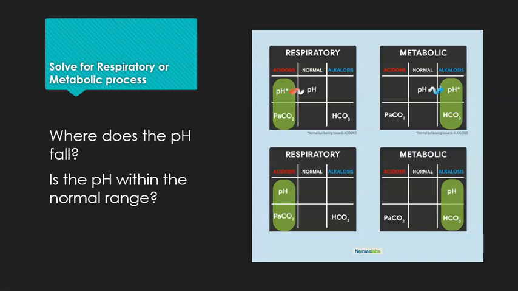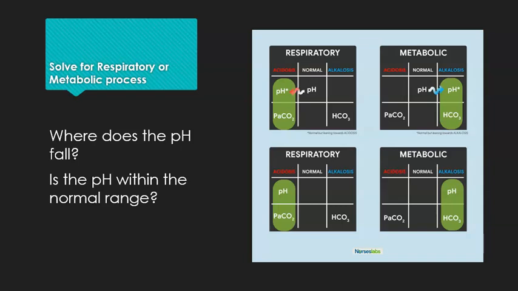For the metabolic grid, the top grid, you have your pH level that is in a normal range but is leaning toward that alkalotic state. So it is the alkalosis process, and then your bicarb falls in that same column, giving this a metabolic alkalosis interpretation. Again, you have full compensation with this process because your PaCO2 value is in the acidotic range, which pulled your pH back to a normal range.